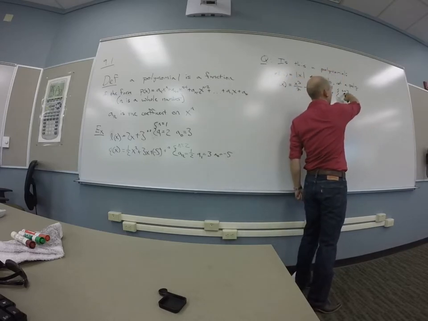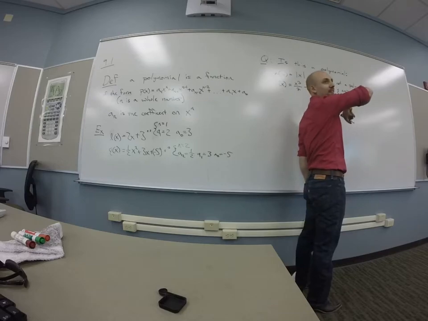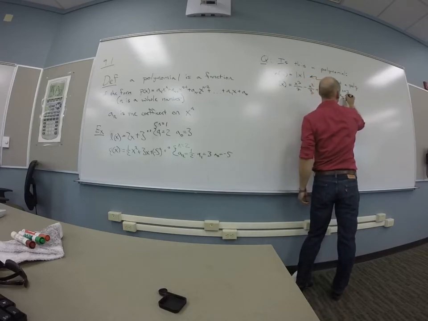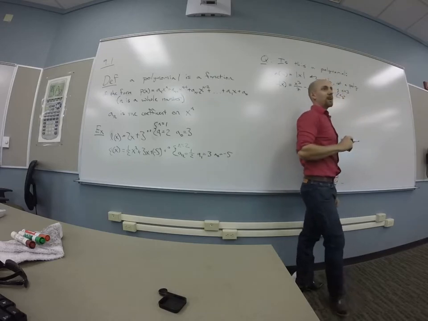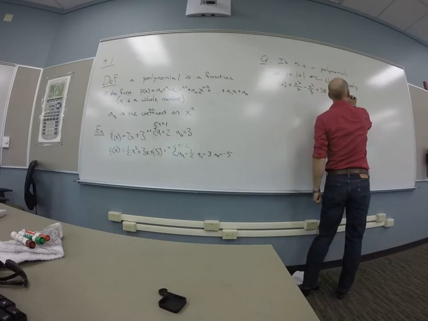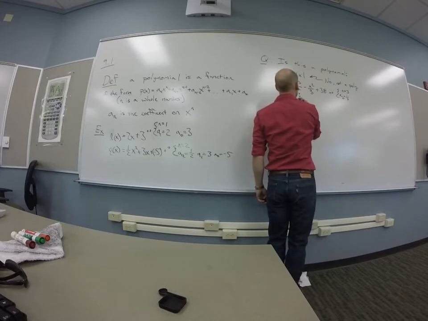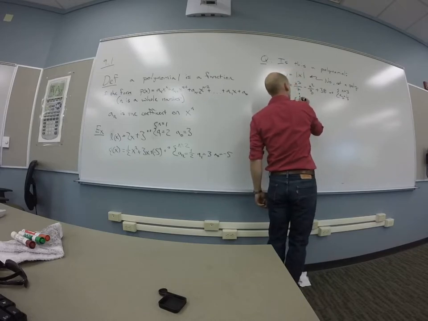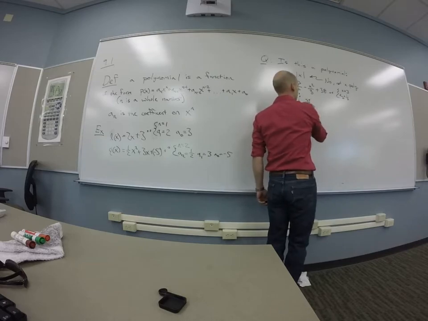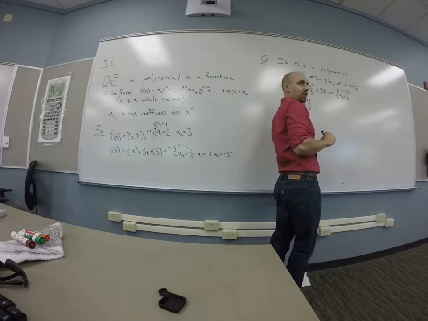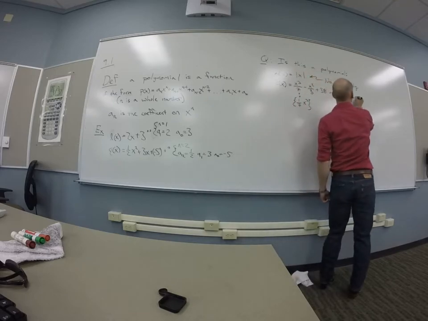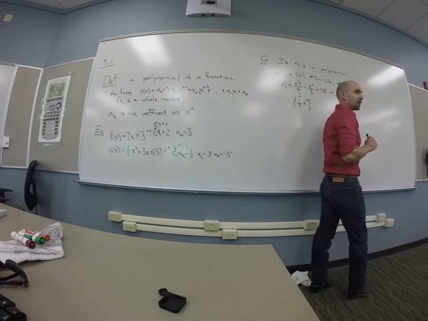So if n is 3, then where do the a's start? They start at 3, right? A3. Okay, so what's A3? 1/7. You guys all see that? Really I'm looking at this thing and I'm thinking this is 1/7 times x cubed. Cool? All right, what's a2? Negative a third.